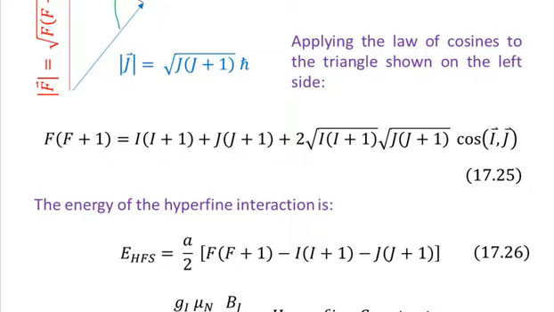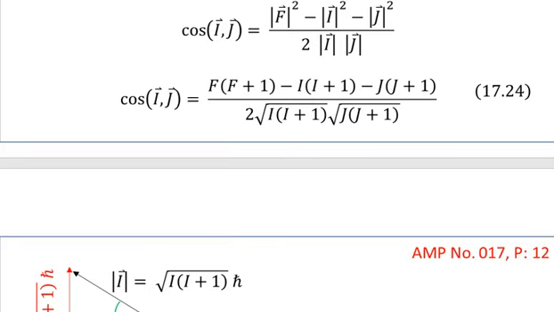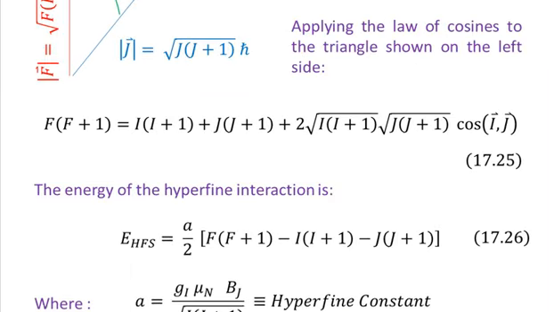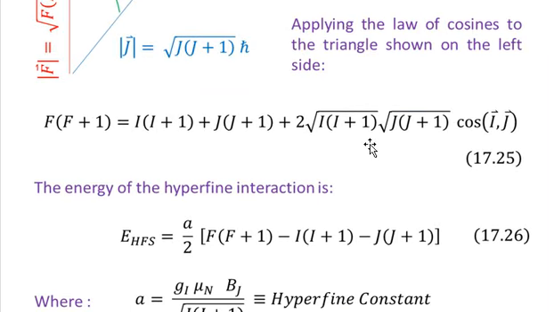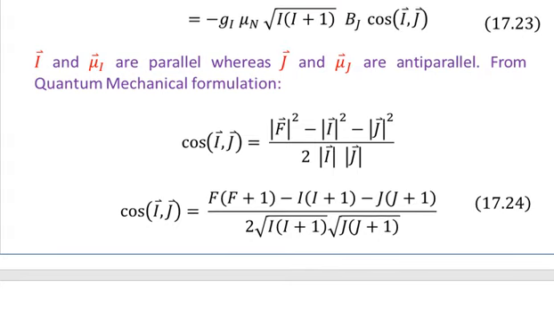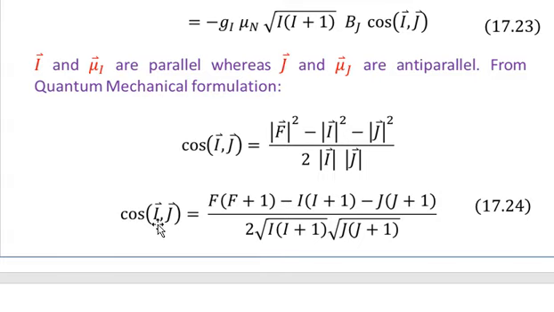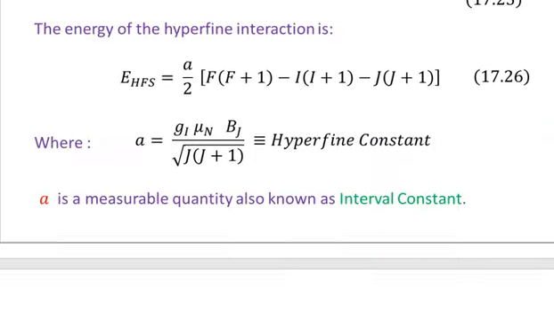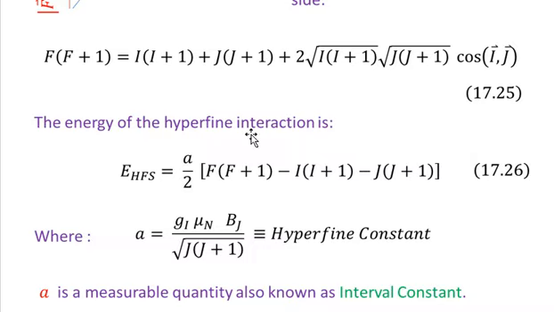From this equation to equation number 24, you can expand and write equation number 25. Or you can simply introduce the cosine of the angle between I and J. This left hand side in equation number 24 can be introduced on the right hand side in equation number 23, and then the simplified result will be represented as the energy of the hyperfine interaction, which is EHFS.